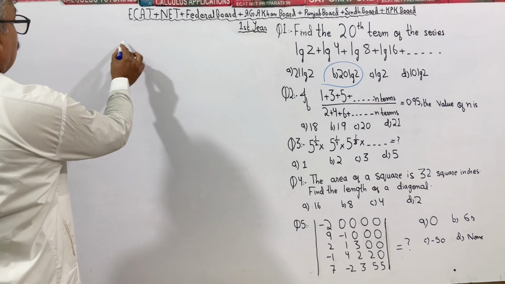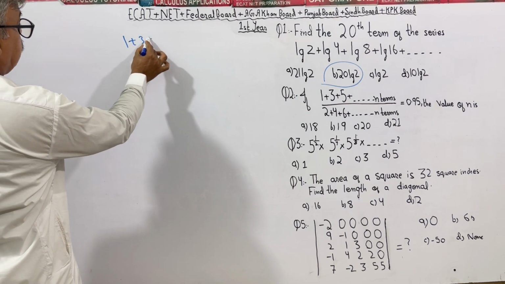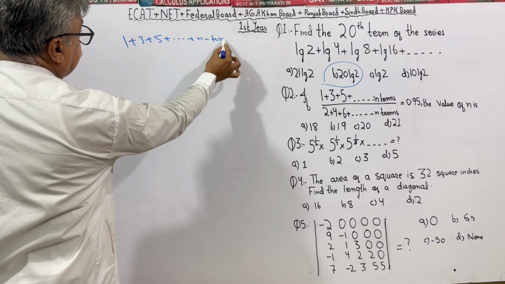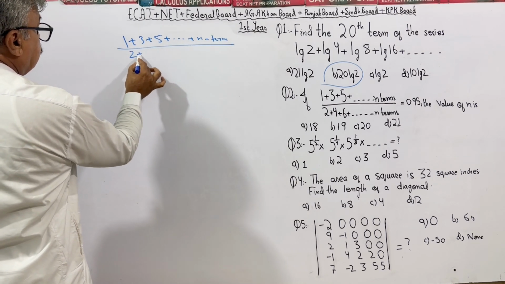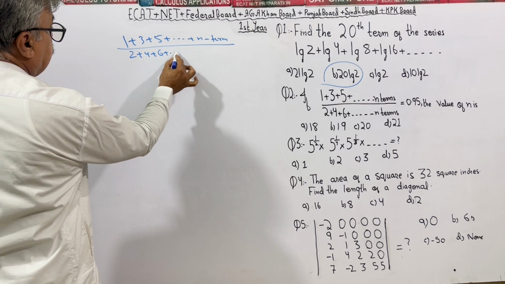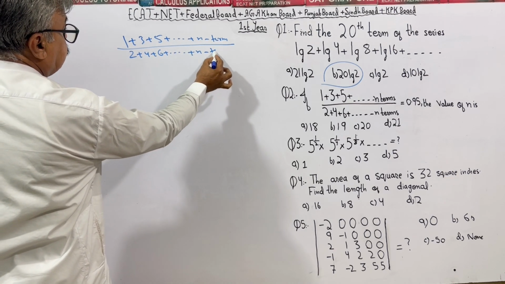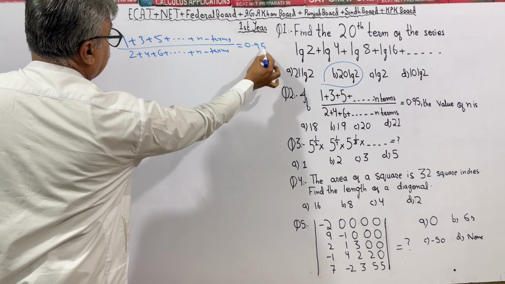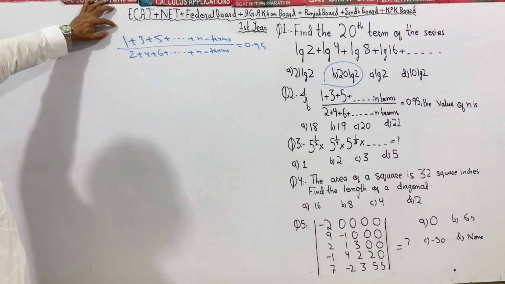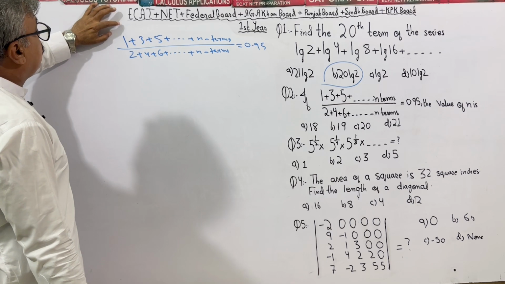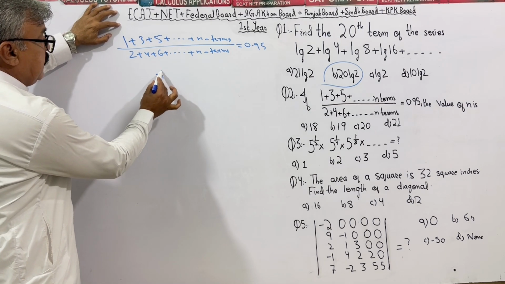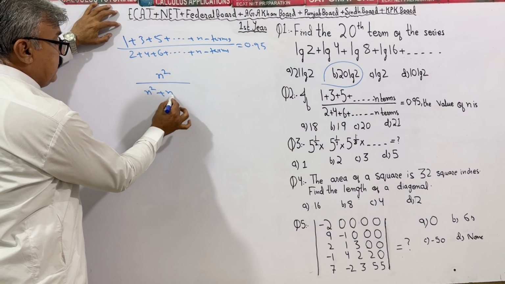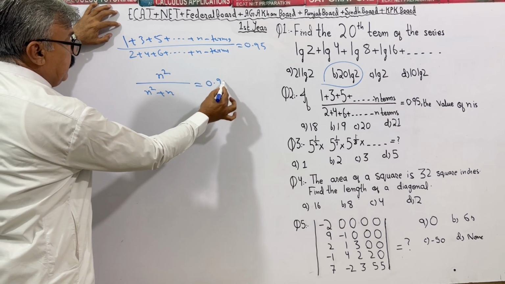Find n. The sum of odd natural numbers is given by n squared, while the sum of even natural numbers is n squared plus n, and the ratio is equal to 0.95.